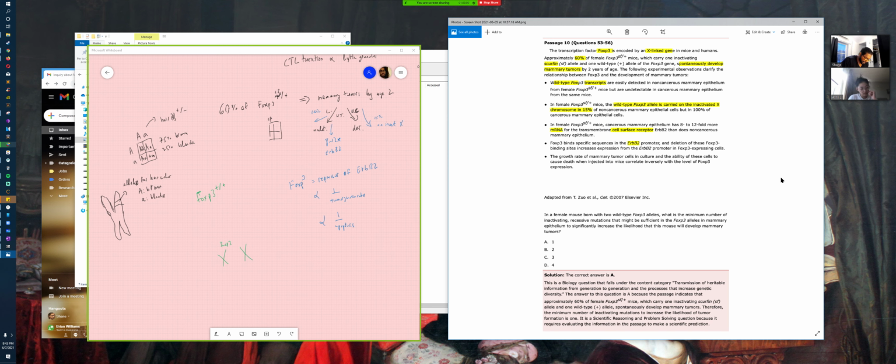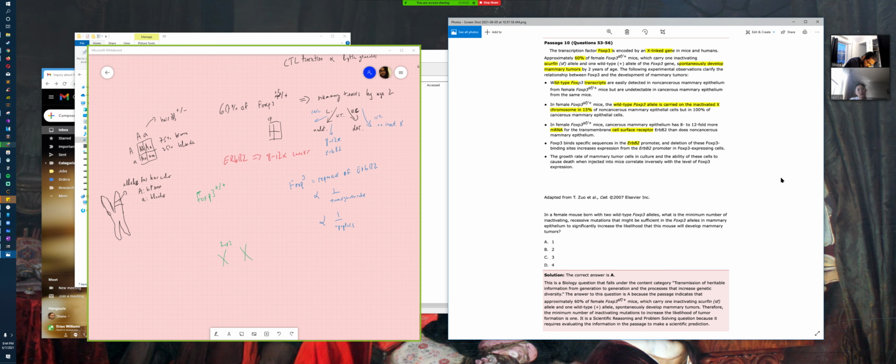Basically, I'll write this in red. HER B2 causes 8 to 12 times more cancer.